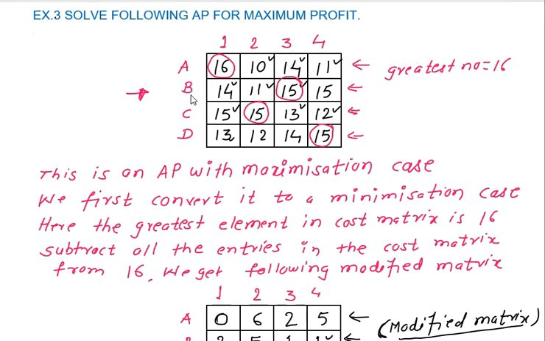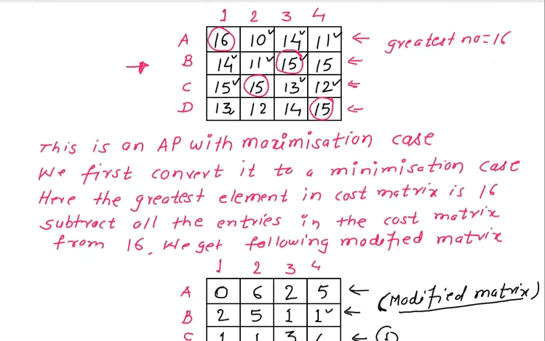An optimum solution obtained for the modified matrix will give you the maximum cost for the original matrix. So let us add 16, 15, 15, 15. The total is 61. Maximum profit is 61.